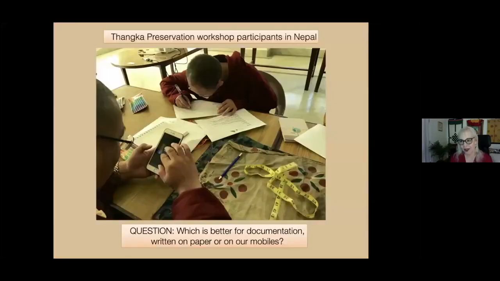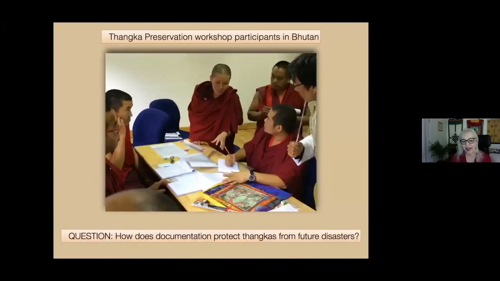Documentation is so important for your thangkas, both in monasteries and your home and offices. We do a lot of documentation, both written and on mobiles. She wants to know how documentation protects thangkas from future disasters. Well, the fact is that so many monks and nuns have come to harm. When there's a disaster, they run around the monastery looking for the precious thangkas to save them at their own peril.